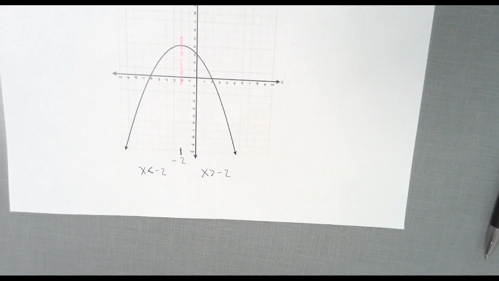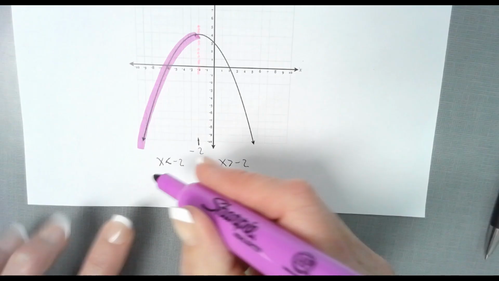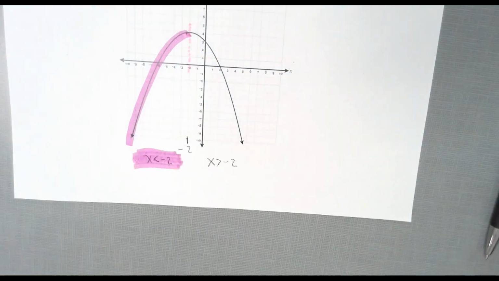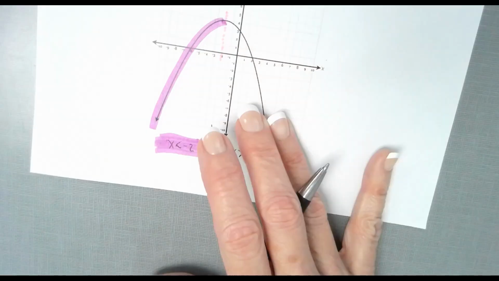So again, we're driving from the left, and if we're driving from the left, we're going to go uphill right here. So it's this right there. X is less than -2. Okay?